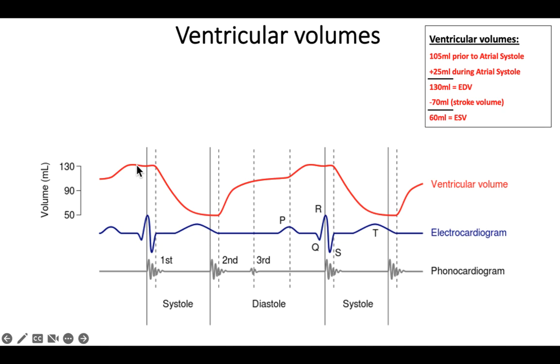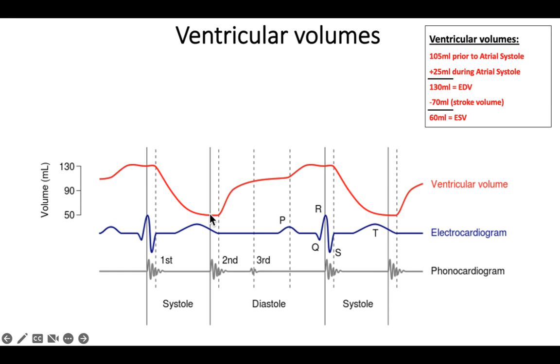Then we ejected, right? So when you eject blood from the 130, the volume in that ventricle goes down, okay, because we removed blood from it. So if you subtract the stroke volume from the end diastolic volume, which is the full, so that's right here, you're going to drop down to the 60 in that ventricle.